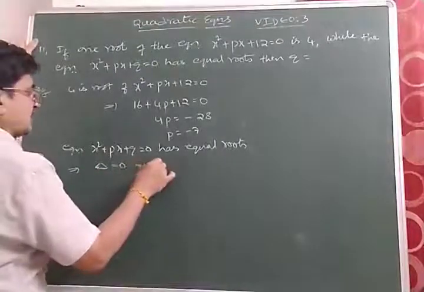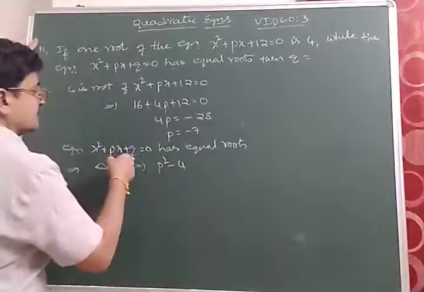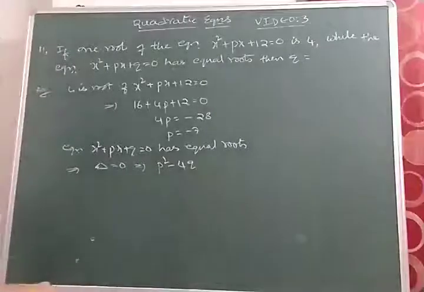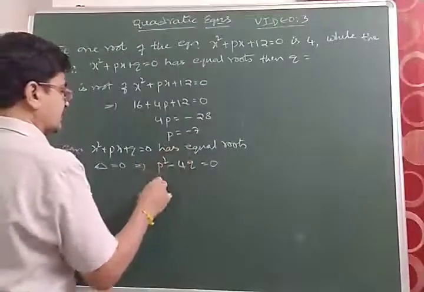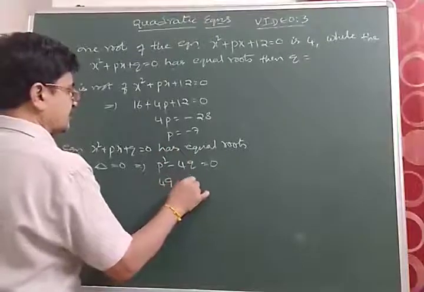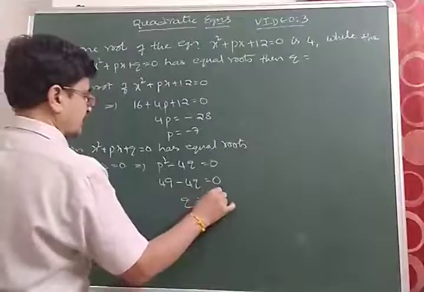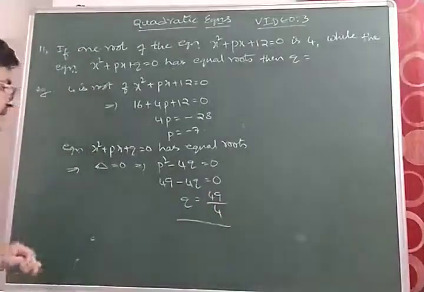So that implies b square minus 4ac, where a is 1 and c is q. Here we know the value of p, that is minus 7, whole square is 49 minus 4q is equal to 0. Q is equal to 49 by 4, which is the value of q.